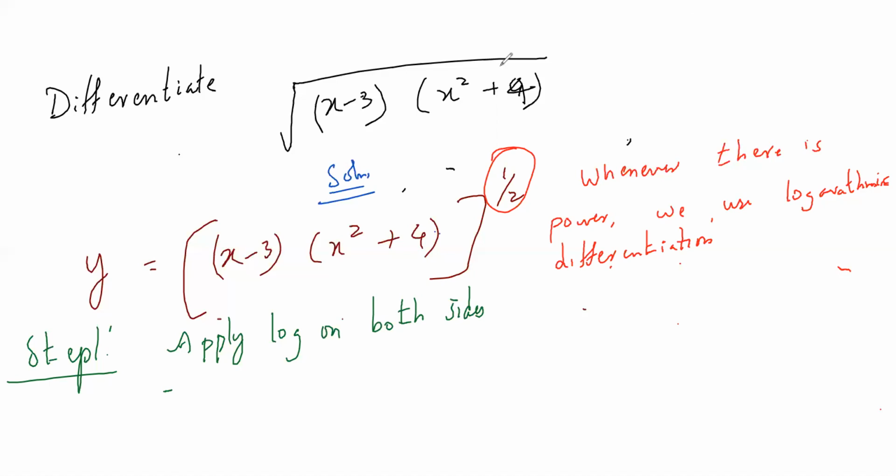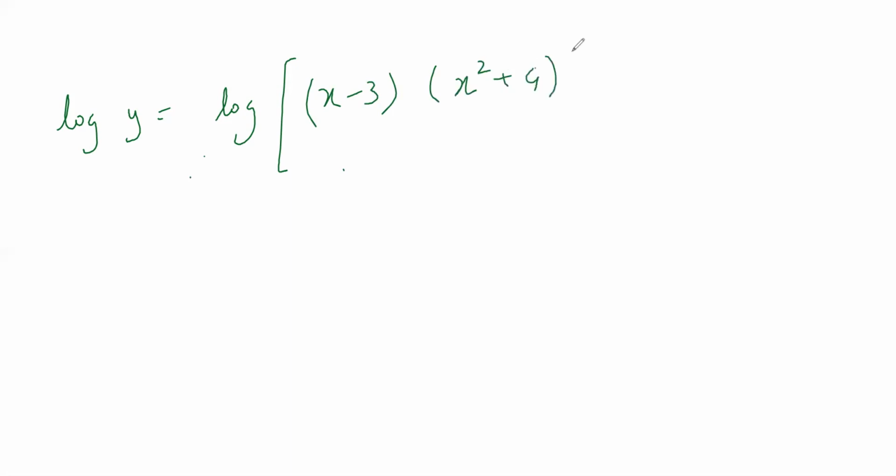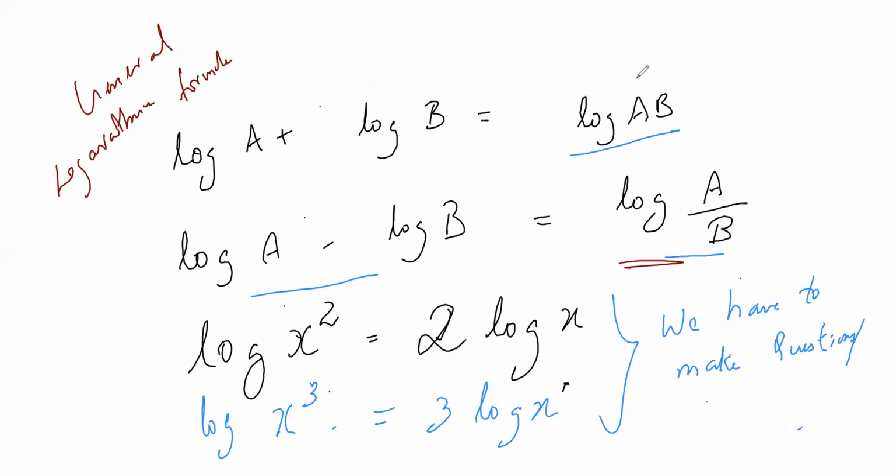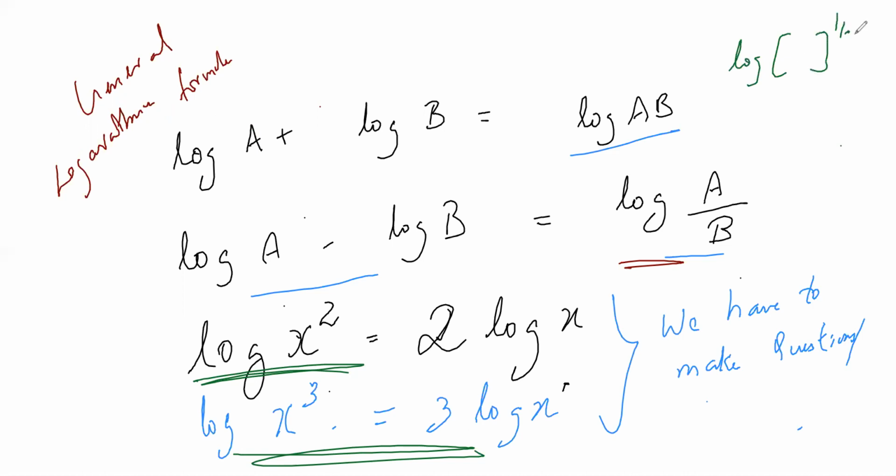Apply log on both sides. I'll do it on the next page. So log y is equal to log of x minus 3 into x square plus 4 whole power 1 by 2. It is something like log of x cube or log of x square. The only difference is here it is log of something power 1 by 2, which means it is 1 by 2 log of that something.